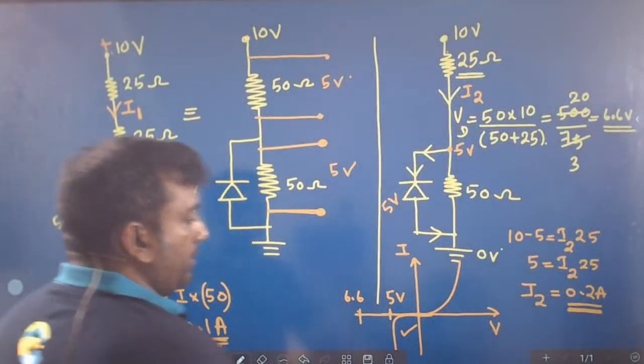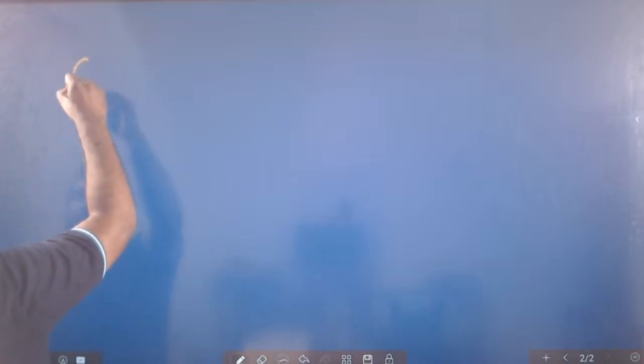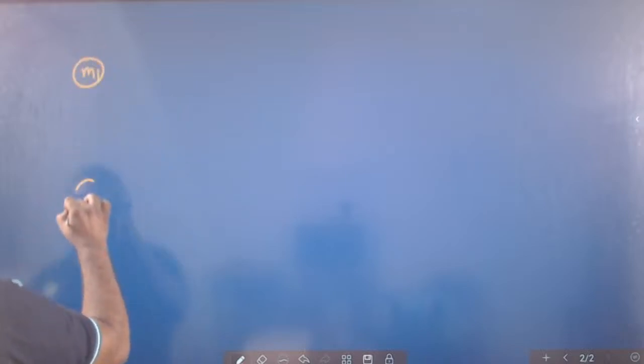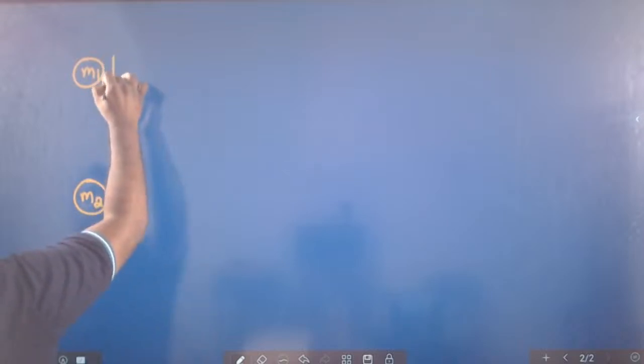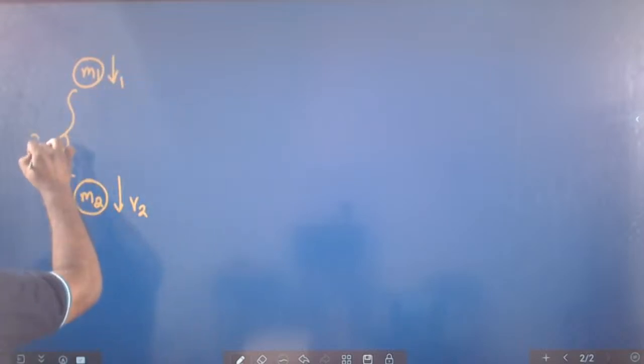Go back to the board. Look at the board now. Terminal velocity of m1, terminal velocity of m2, separation is x.